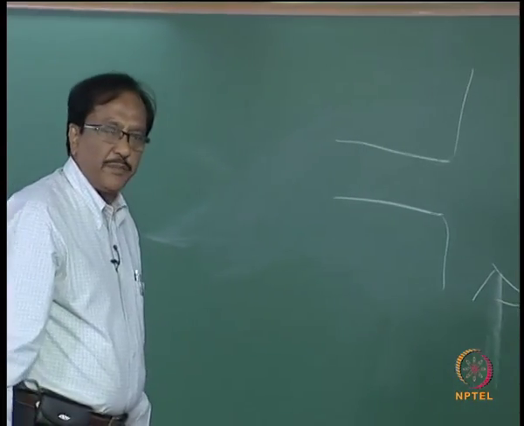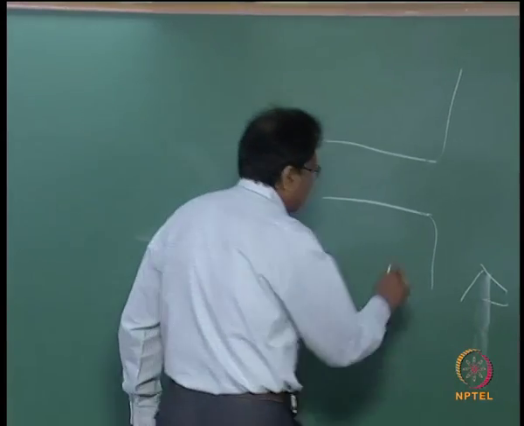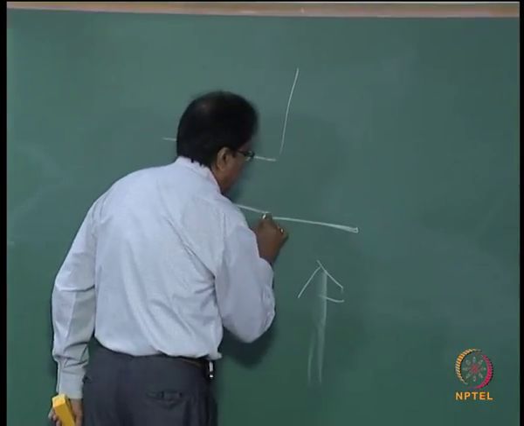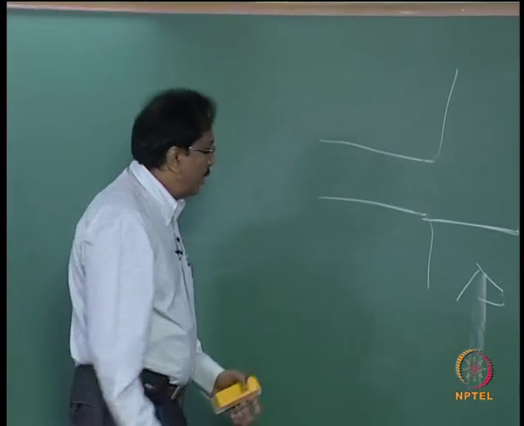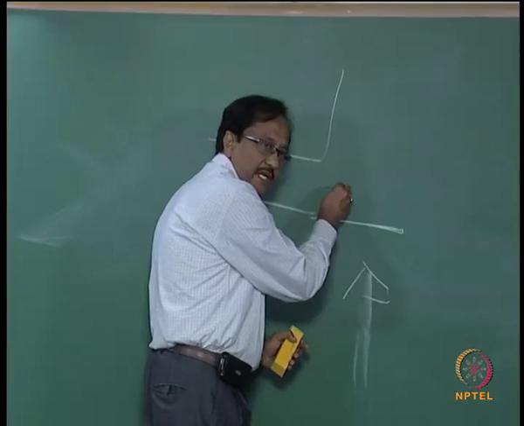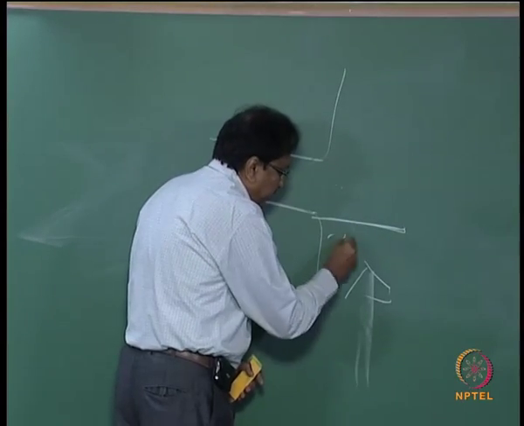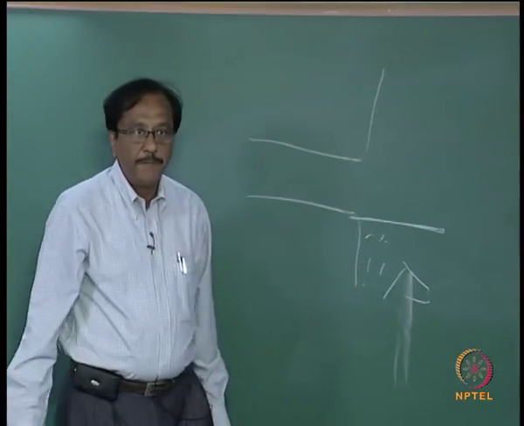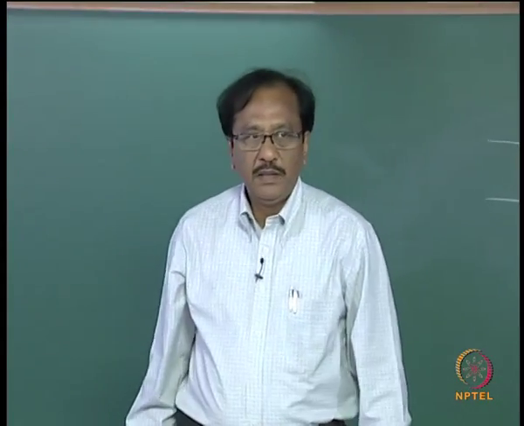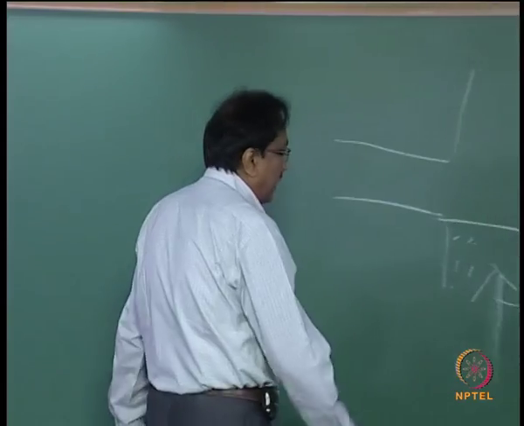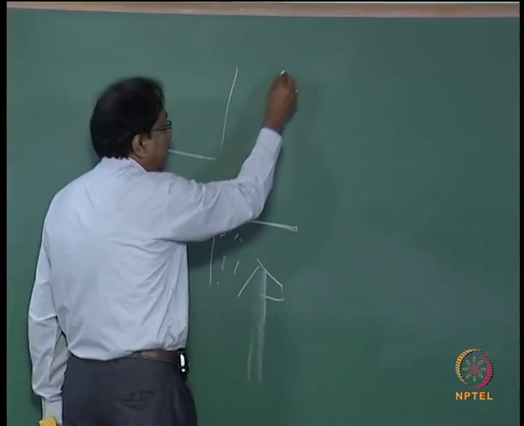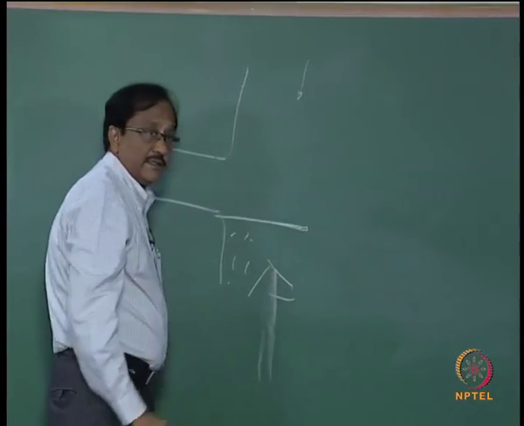What is the kind of protection measure you can think of? You can construct a training wall here. So you prevent the sand coming and depositing here, and you will have the beach here. But if it is seasonal, during the other season there can be sand moving in this direction.